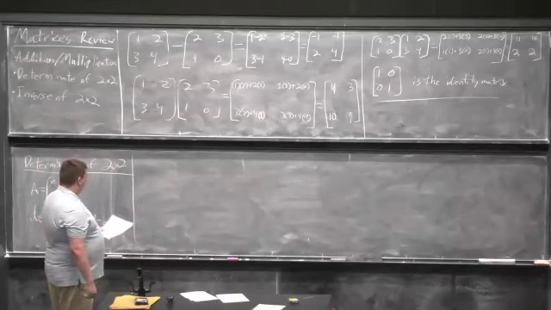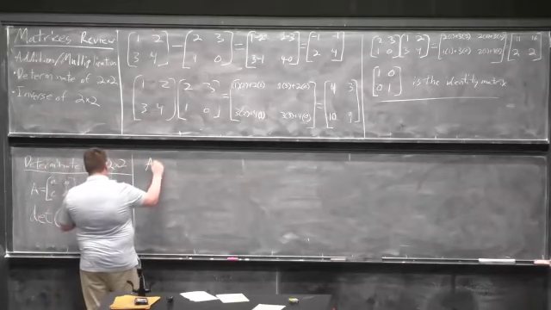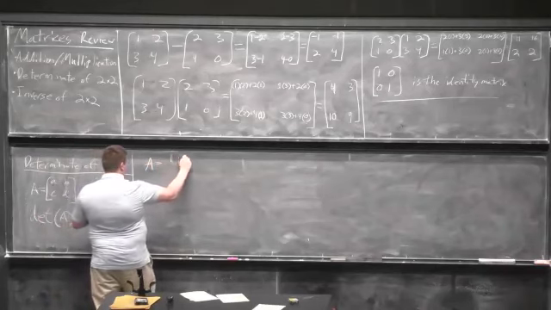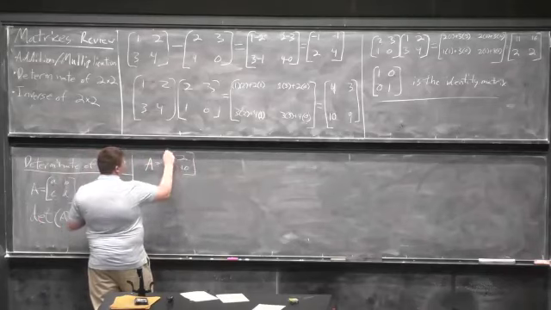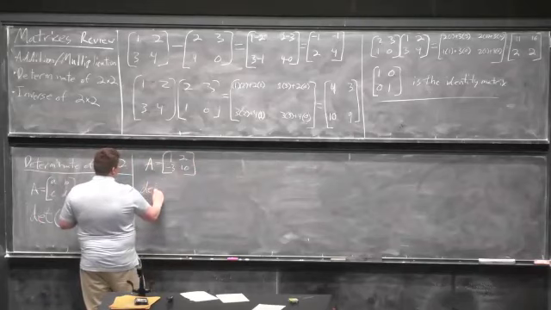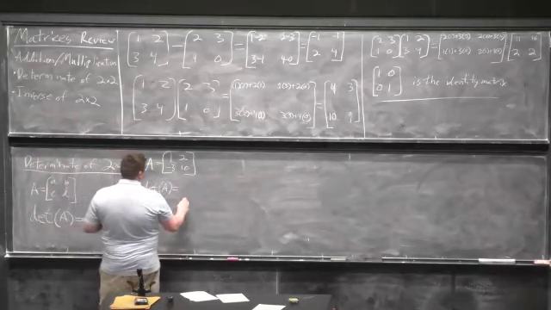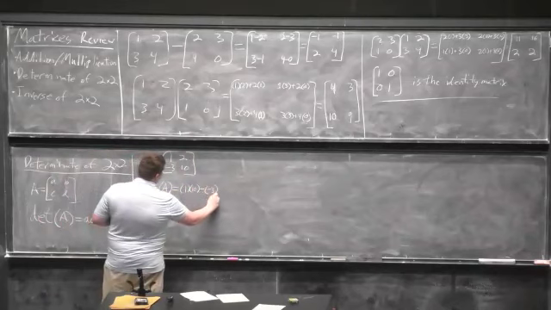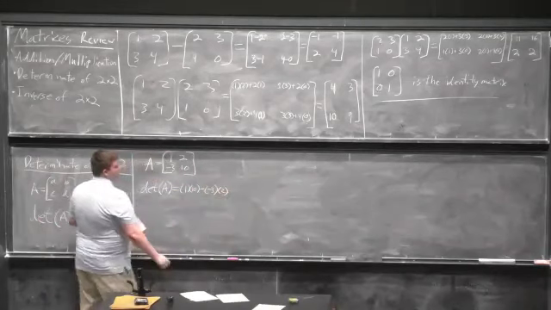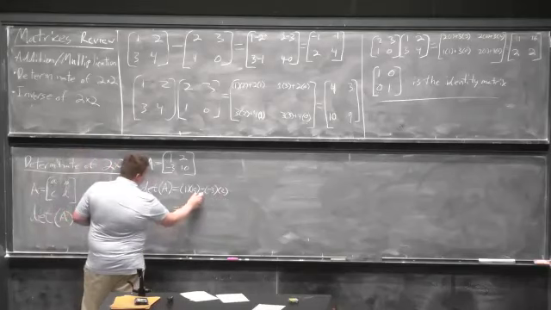As an example, if I have A equaling 1, 2, negative 3, 10, the determinant of A is equal to 1 times 10 minus negative 3 times 2, which is equal to 10.